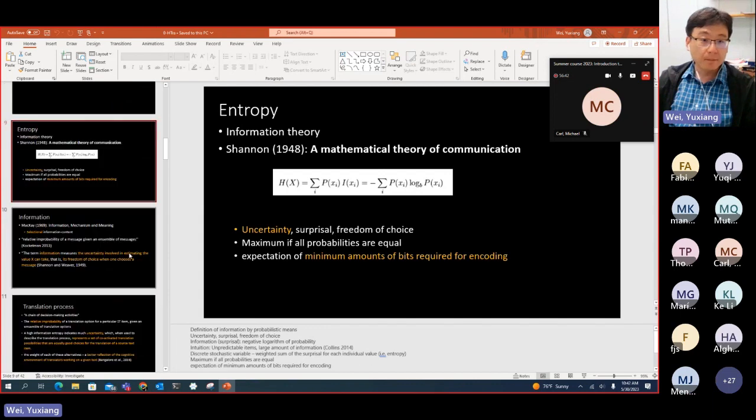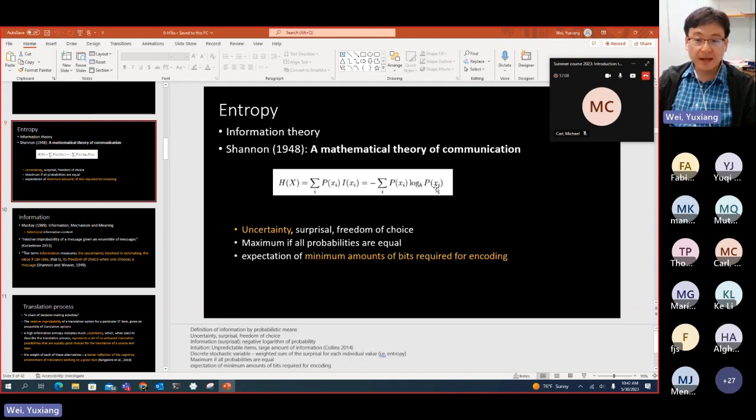The concept of entropy here is largely relevant to its definition in information theory, which is a pretty old theory proposed by Shannon in 1948. This is the equation for entropy, which is simply the weighted sum of surprisal.